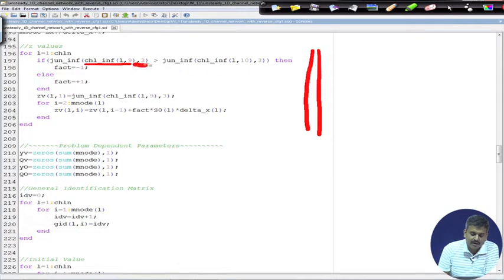So, if starting elevation is more than the ending elevation, then this factor is negative because we are starting from that section, or this factor is positive if this one is less than the elevation of the end section.